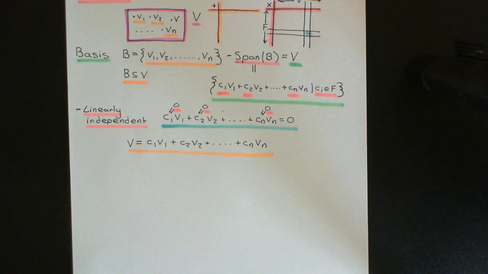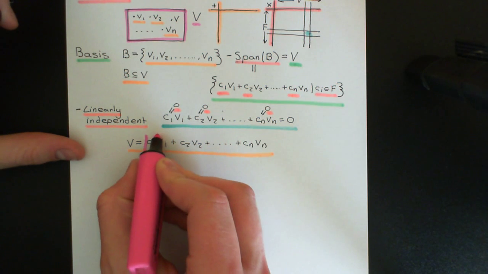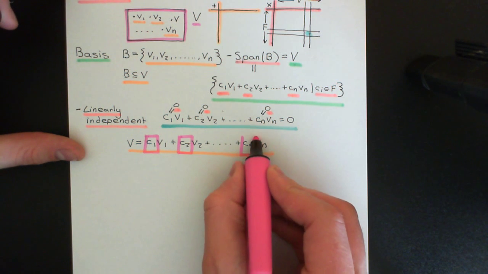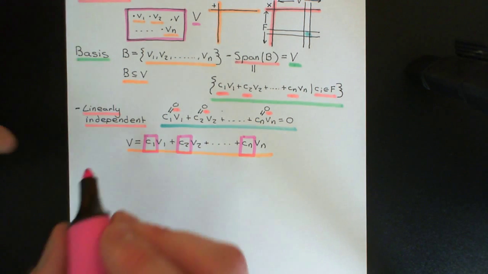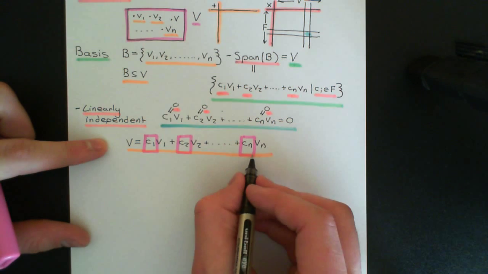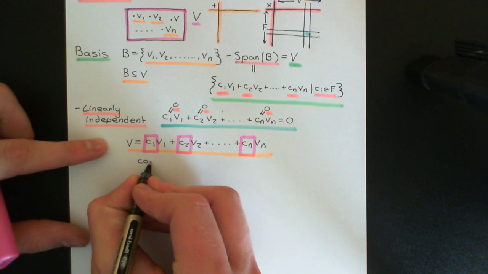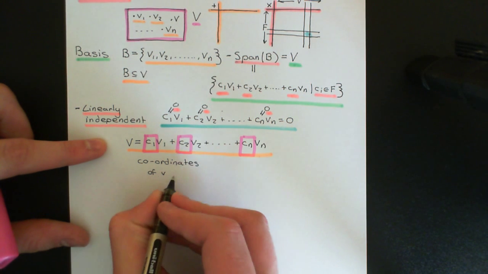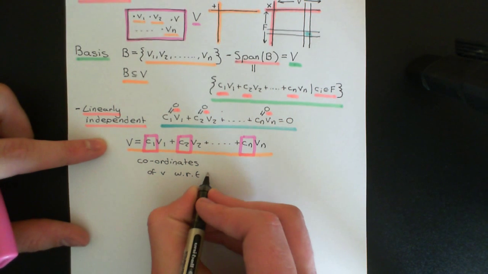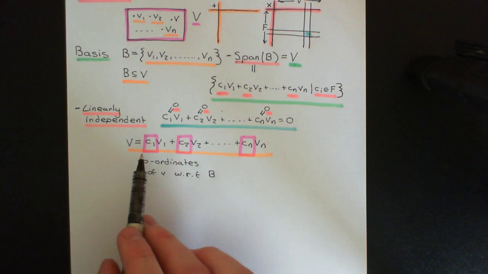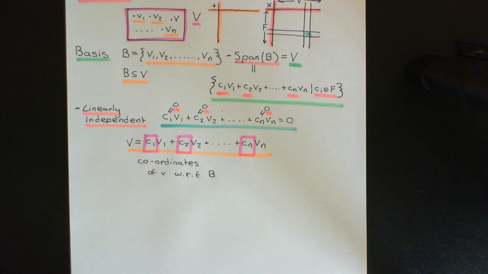Okay, now there's some important nomenclature that I want to tell you about. These scalars, these elements of the field that you have to put in front of the vectors of the basis in order to create a linear combination which equals this vector v, are called the coordinates of the vector v with respect to this basis capital B. So if you have different bases, you can write vectors with different coordinates.